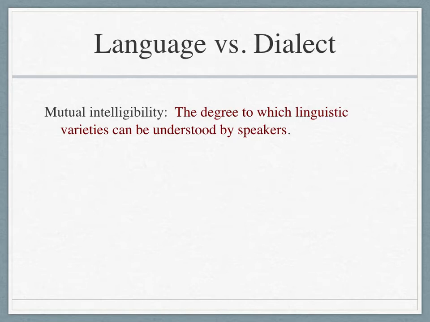So it means if I'm talking to you and I'm speaking what I speak and you're speaking what you speak, and we're able to converse and understand each other, then you and I are mutually intelligible and we're speaking something that is mutually intelligible. Even if I'm from the Deep South and you are from Boston, for instance, we can still have a conversation.